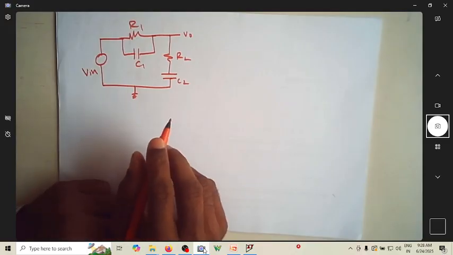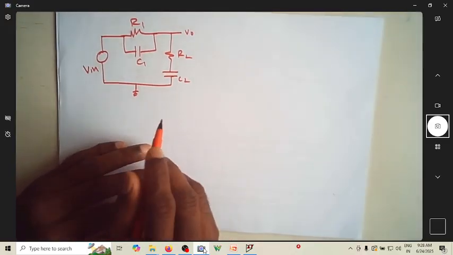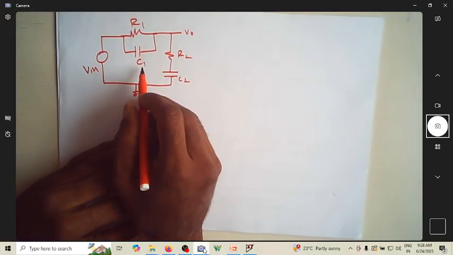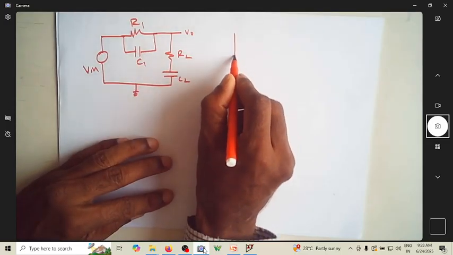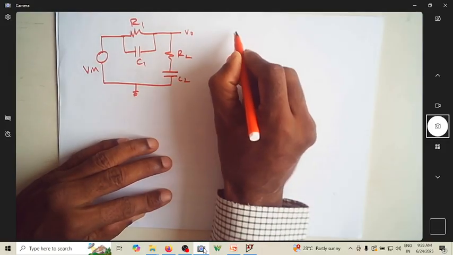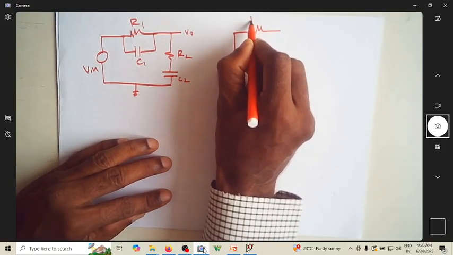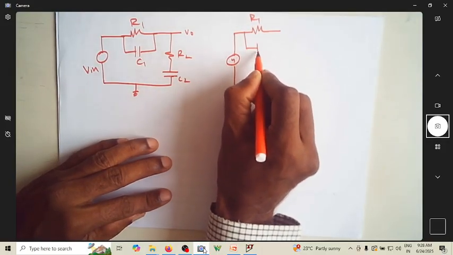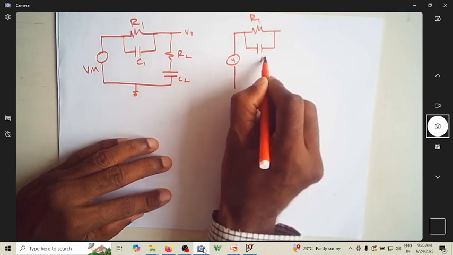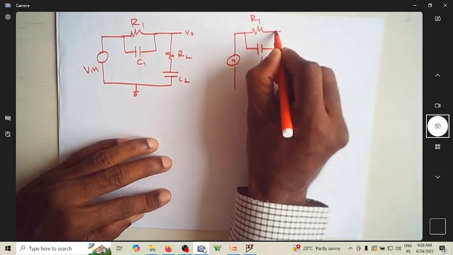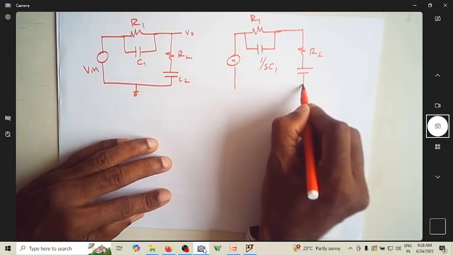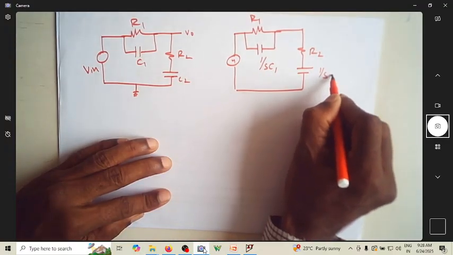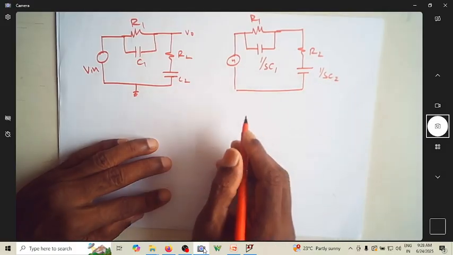electrical circuit. So now we know that we can replace resistor and capacitor by their Laplace representation. So this R1 remains R1. This C will be 1 over S C1, and this is R2, and this happens to be 1 over S C2.